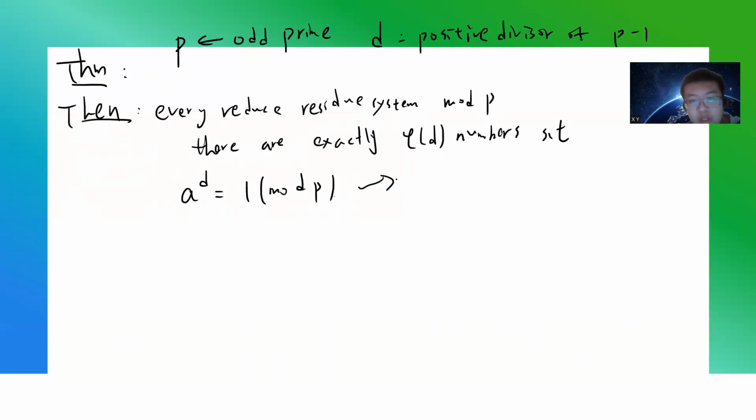This also tells you that we can choose d to be p minus 1, since d is a positive divisor, so I can just choose d to be phi of p, which is exactly p minus 1. This shows that there exist phi(p minus 1) primitive roots.